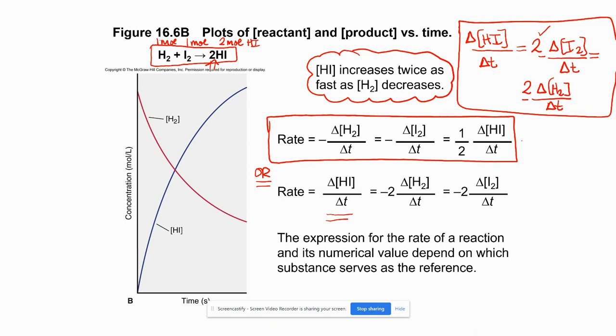Now I'm highlighting the first route because this is going to be the standard way of writing relative rates.